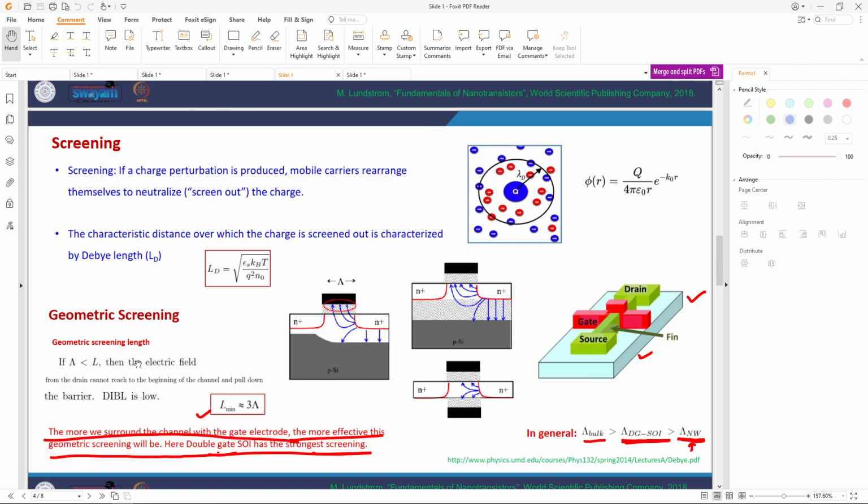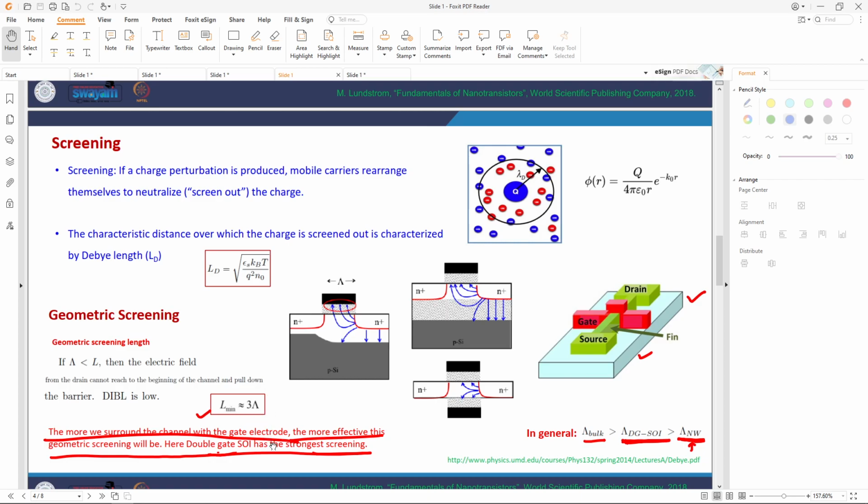Less than that, screening effect is not very strong. So the general threshold is L should be approximately on the order of 3 times lambda. In that case, DIBL is low. That is uppercase lambda.